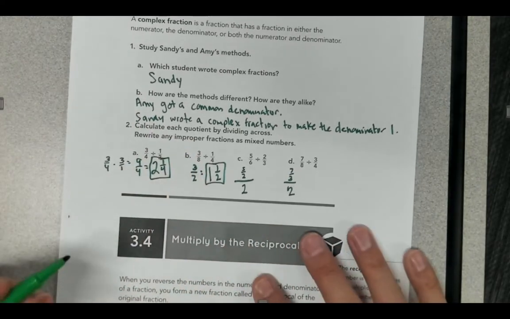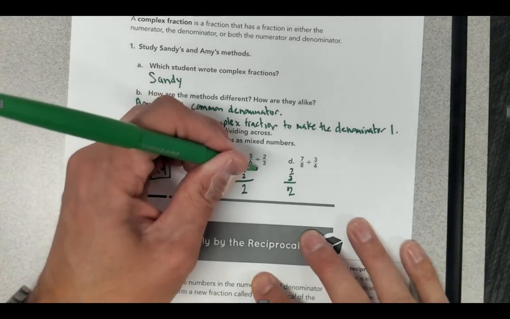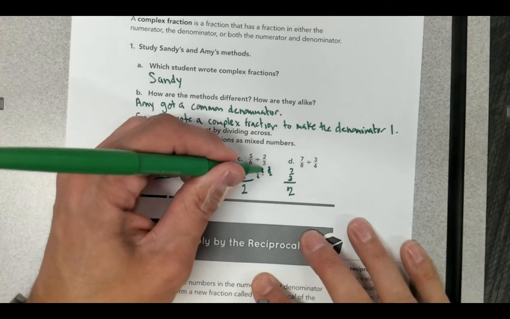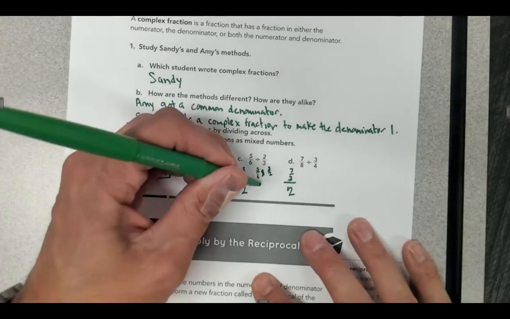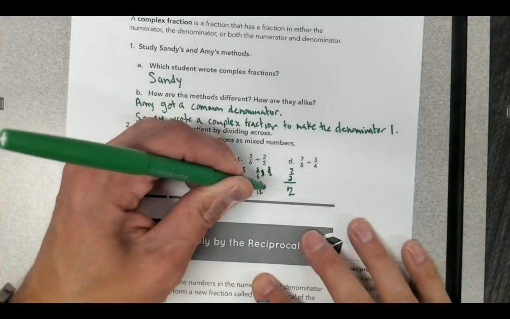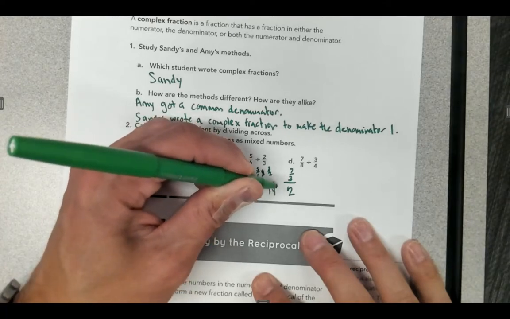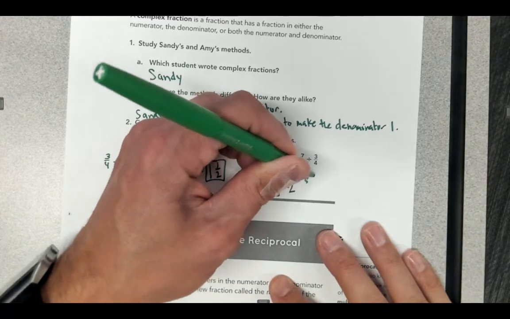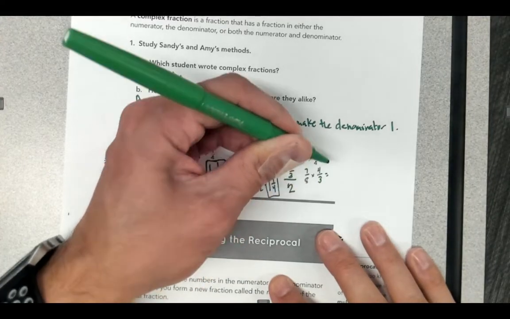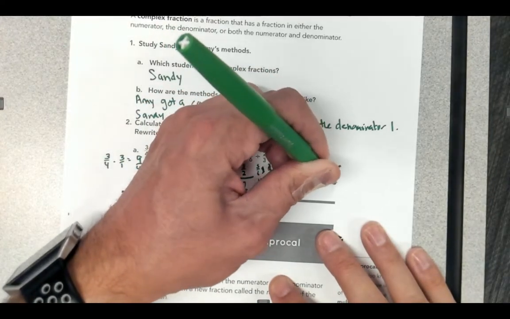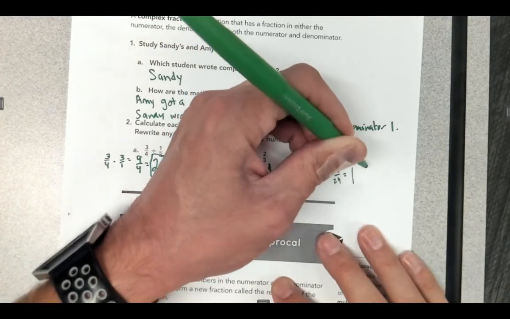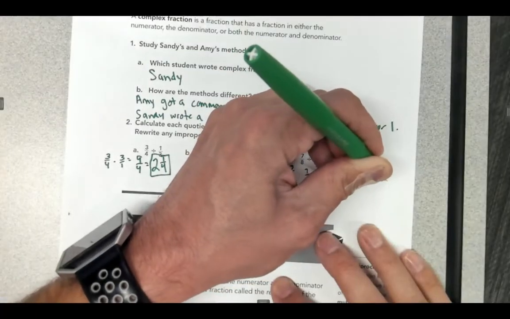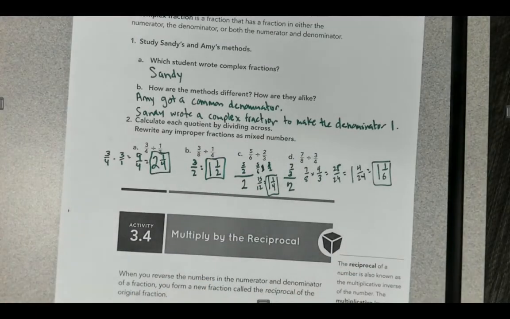It's the only one that worked really well. 5/6 divided by 3 over 2, times 3 over 2 is going to be 15 over 12, which is going to be 1 1/4 when simplified down. 7/8 times 4 over 3 is going to be 28 over 24, which is going to be 1 4/24, which is going to be 1 1/6 when simplified all the way down.